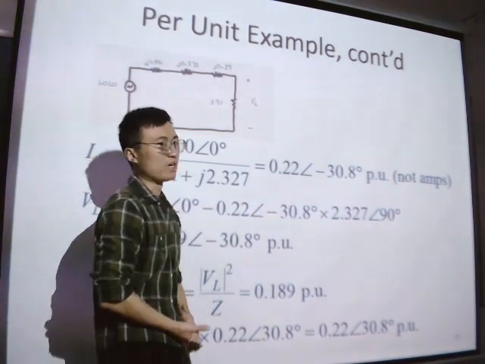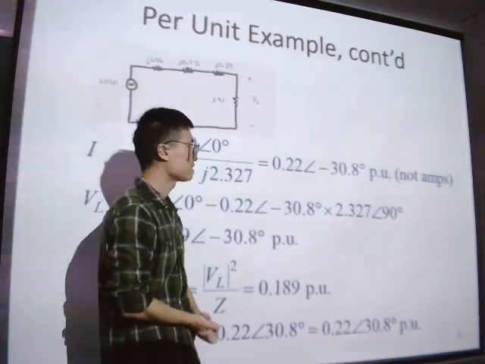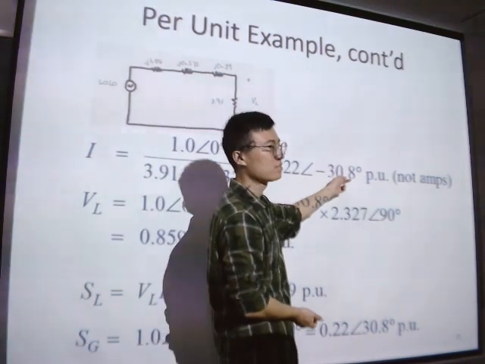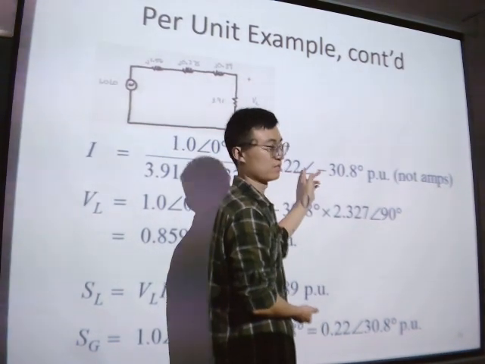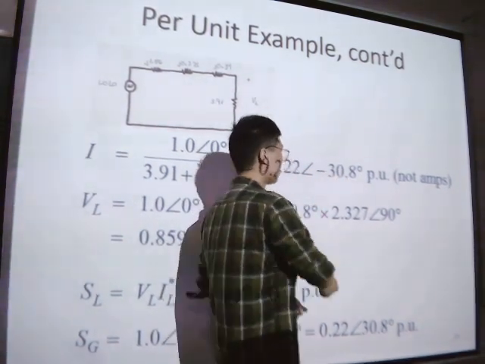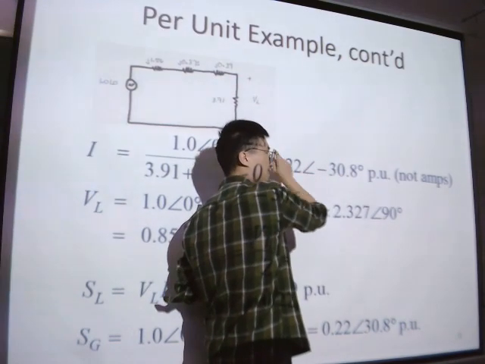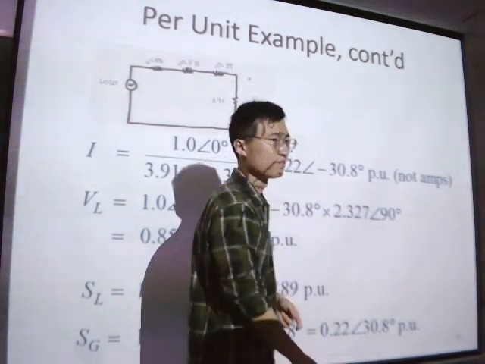It has nothing to do with the angle, so it's a per unit value, not the angles. Although there is an angle, this is still the per unit value, okay?